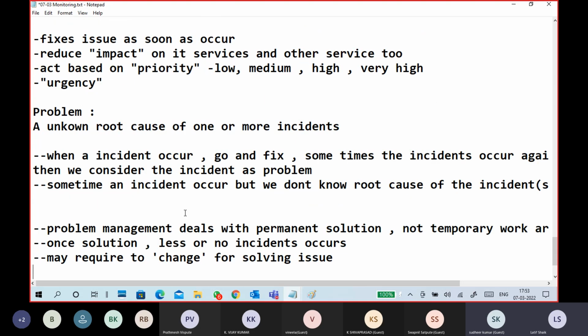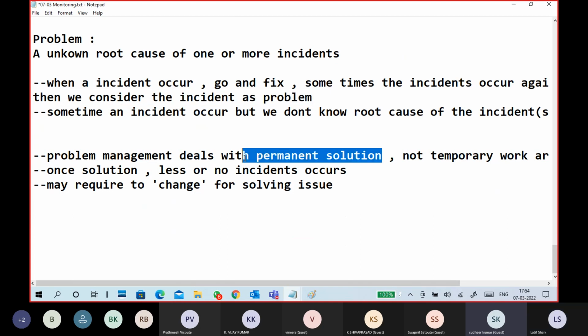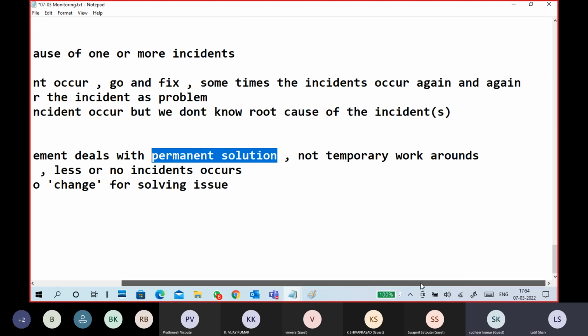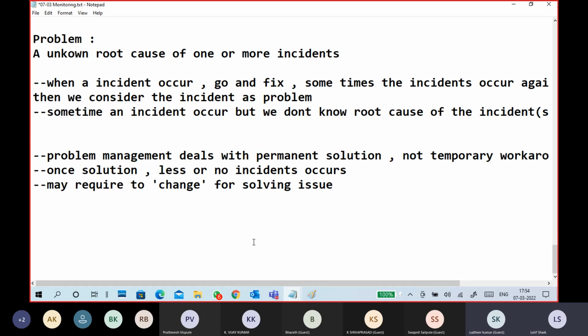Incident management means anything that occurs is an incident, and you immediately go and fix it. If an incident is occurring multiple times and we don't know why it occurs, in both cases we consider that incident as a problem. In problem management, we make a permanent solution, not temporary workarounds.